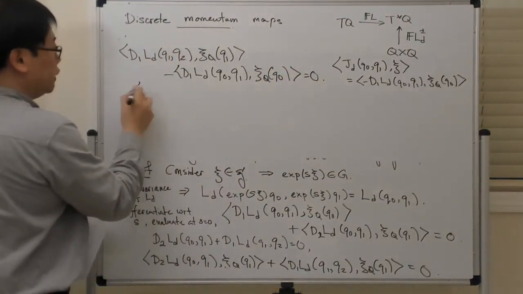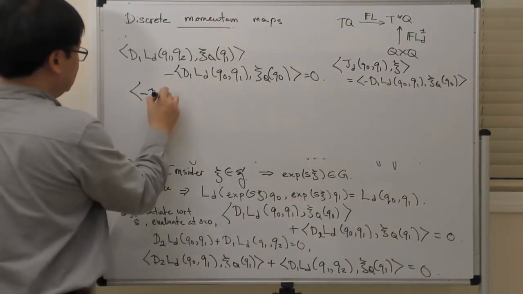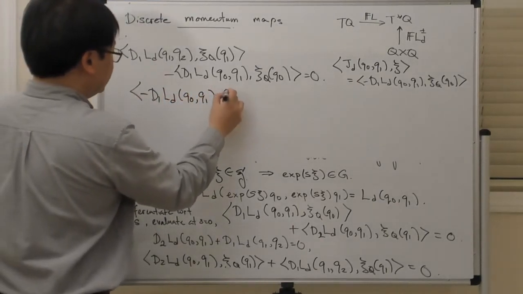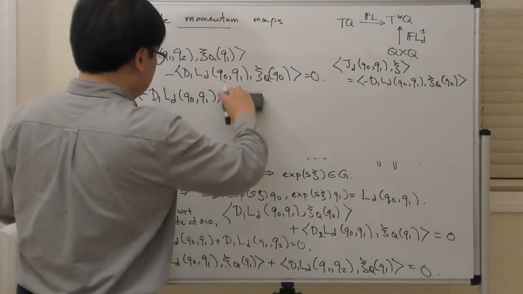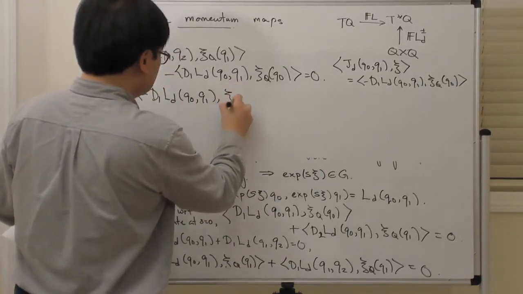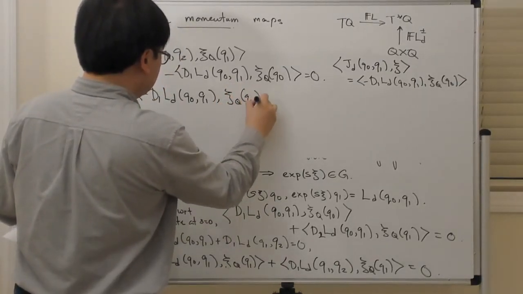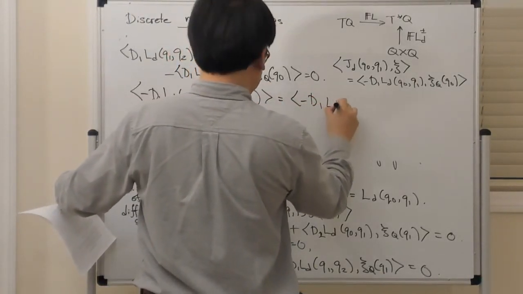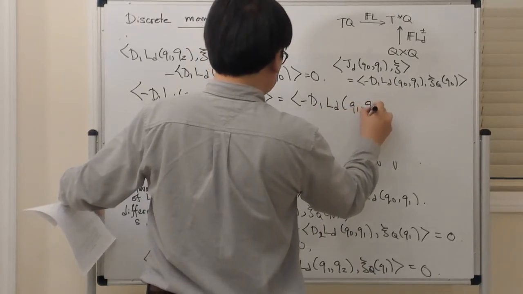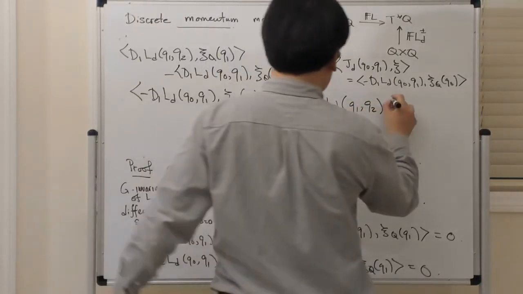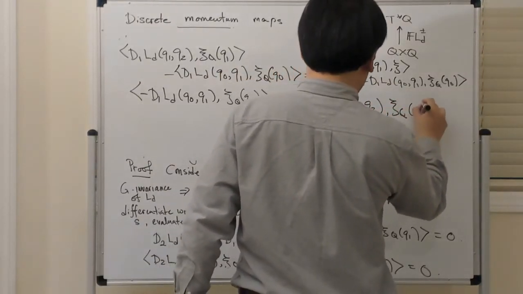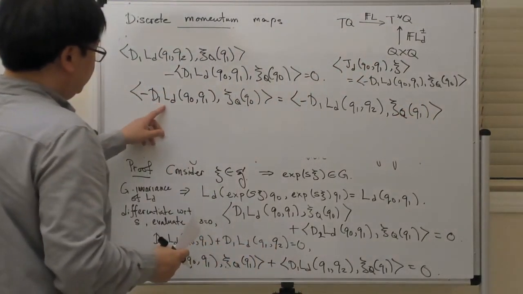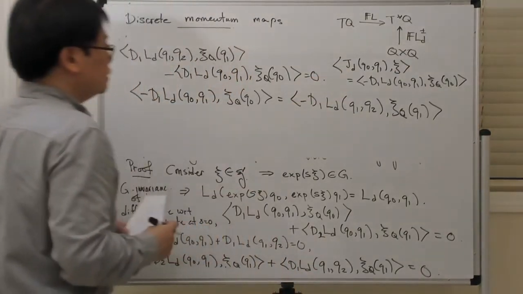So d1 LD(q0, q1) paired with ξ_Q(q0) is equal to d1 LD(q1, q2) paired with ξ_Q(q1). And of course, you can see that that's the momentum maps, right?